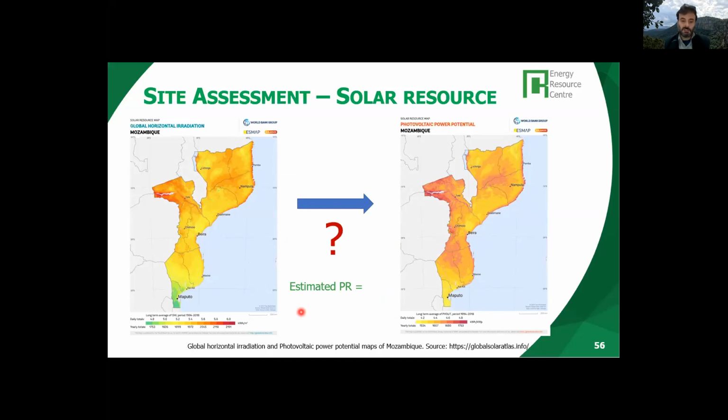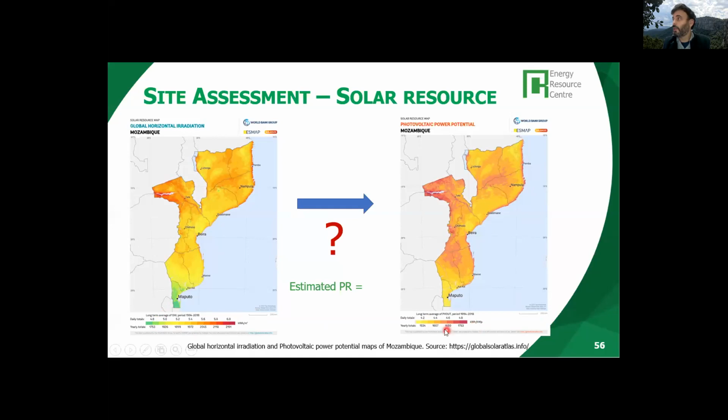If you take, for instance, the case of Maputo, we can see that approximately the expected generation for 1 kilowatt peak could be 4.3 kilowatt hour per 1 kilowatt peak. And then we look at the sun peak hours and we have approximately 4.9.